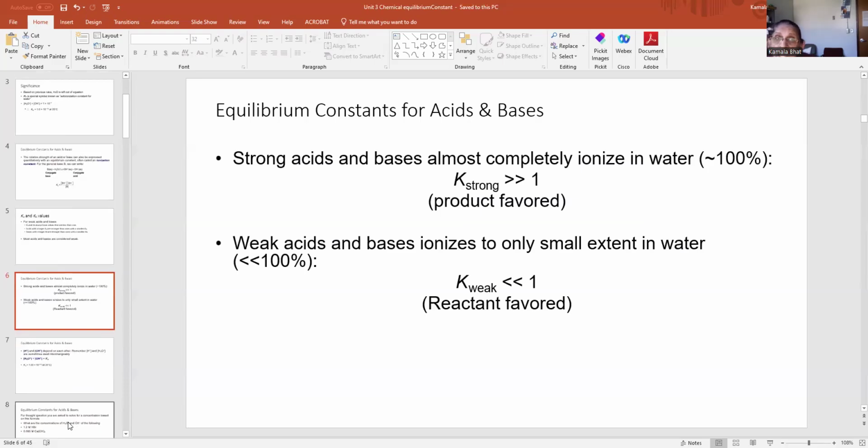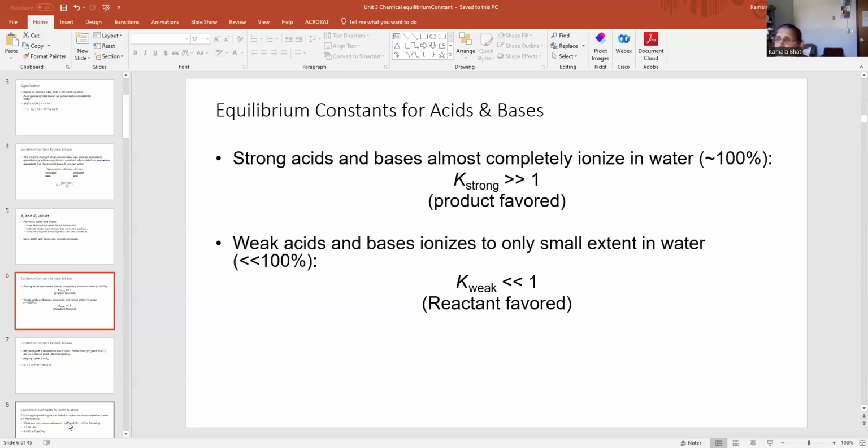Strong acids and strong bases almost completely ionize in water. They have 100% ionization even under moderate concentrations. Therefore, the K values are very, very much larger than 1 and hence they are considered product-favored reactions.